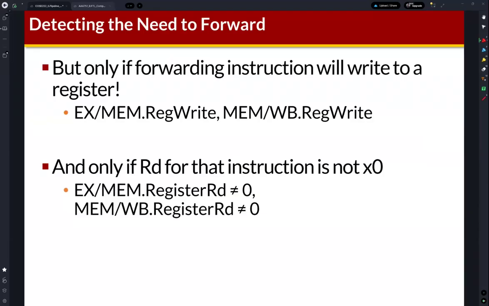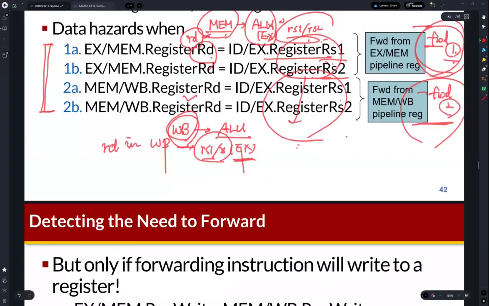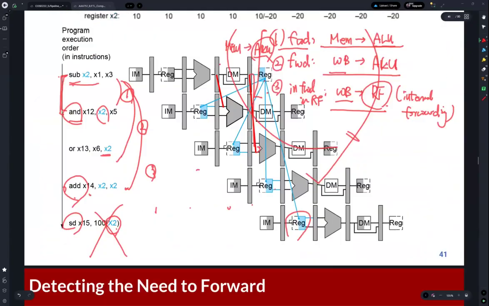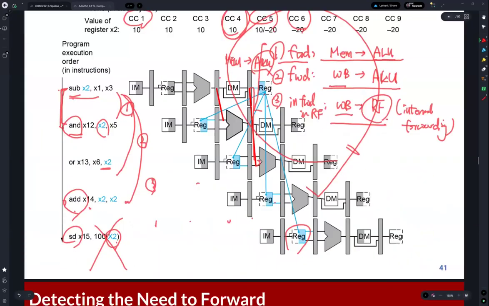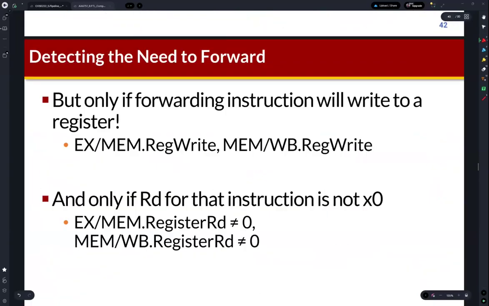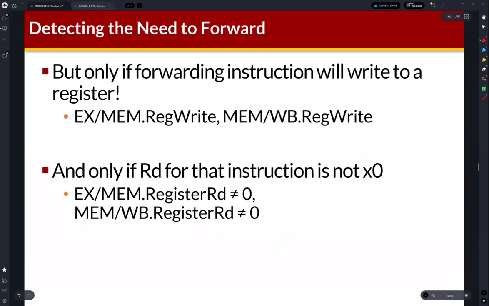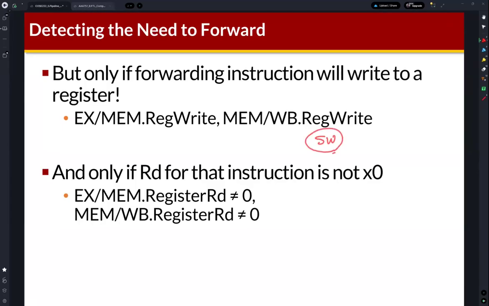So what does that mean? For example, let us assume that the former instruction is the store instruction, right? Then the AND or other instruction is the following instruction.